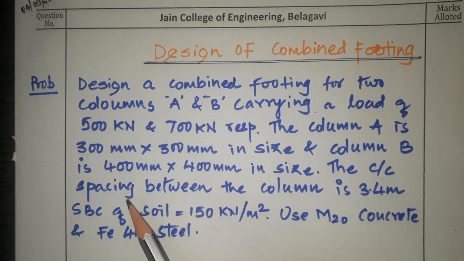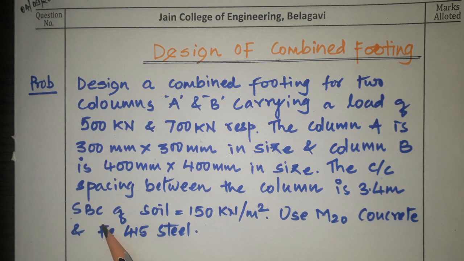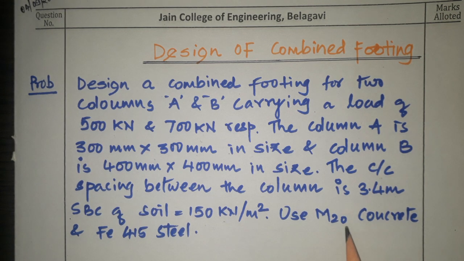The spacing between the two columns is 3.4 meter. For design we should have the SBC, the safe bearing capacity of soil, given as 150 kN per meter square, and you have to use M20 grade concrete and Fe 415 steel.